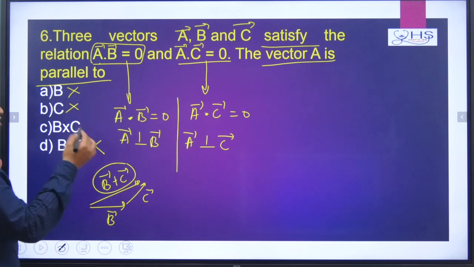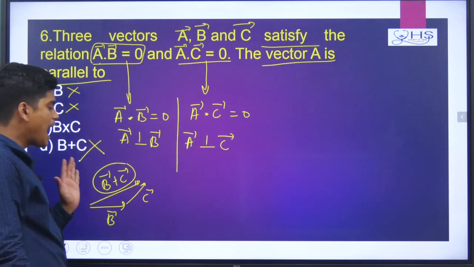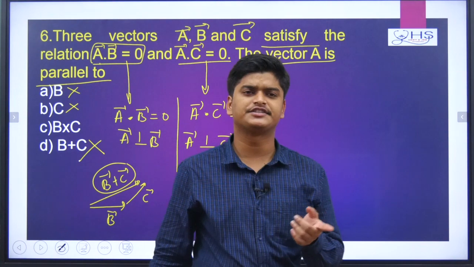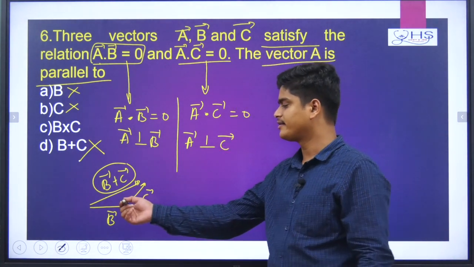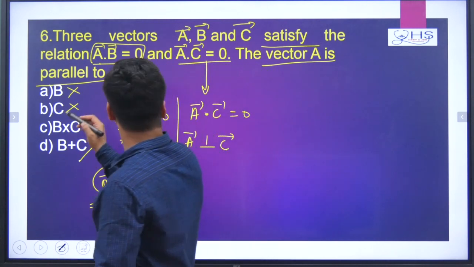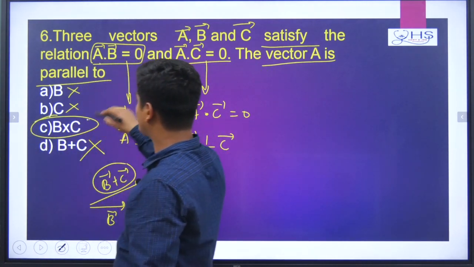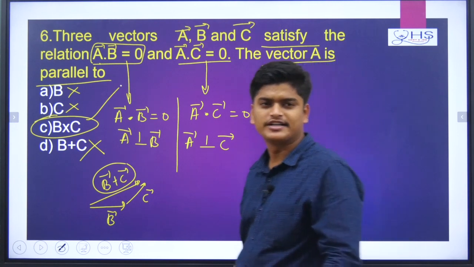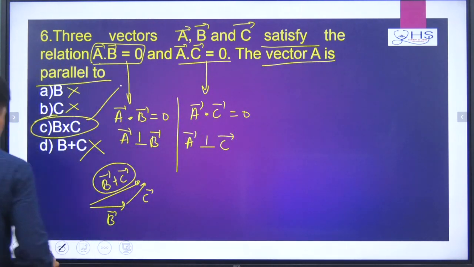That means this option is also not correct. Now this A vector is perpendicular to the total plane, and in the plane you also have B cross C. So that's why this A vector is parallel to B cross C. Understand? We'll go to the next question.